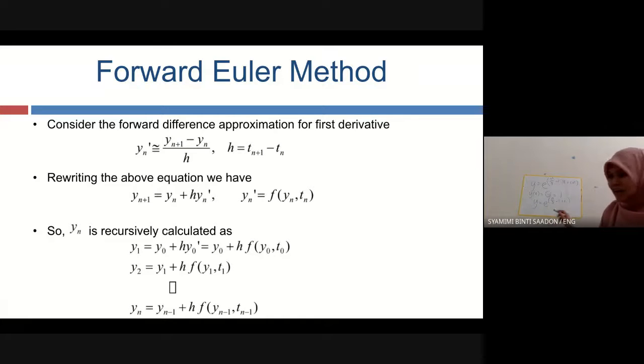So this is by analytically solving the equation. We have y equals exponential t power of 3 over 3 minus 1.1 t. Okay, everyone?